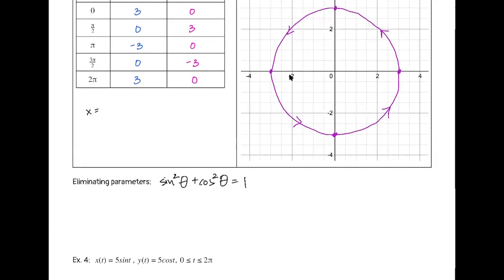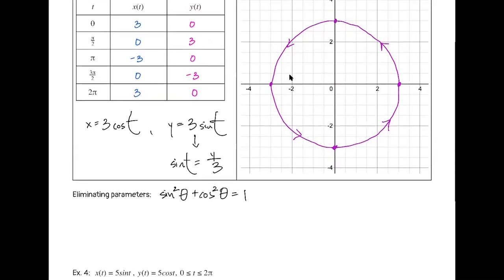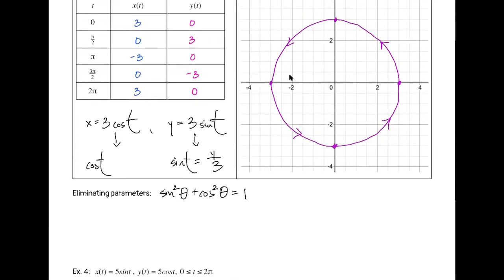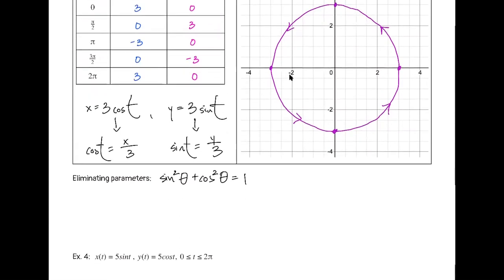Let me write our equations down here. Everywhere I see a sine theta or a sine t, I can replace that with y over 3, because if I just divide both sides by the 3, I get that. In order to find cosine t, I'm going to divide both sides by that coefficient, which gives me x over 3.